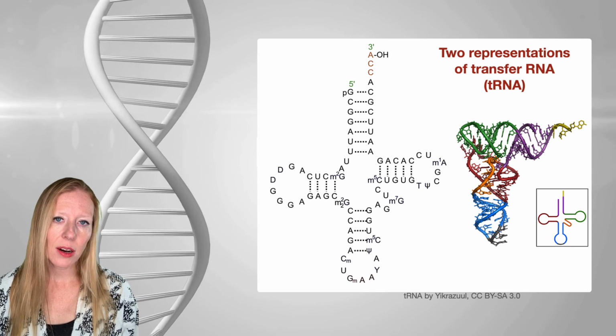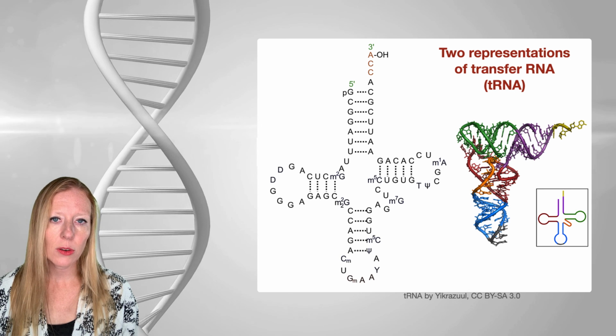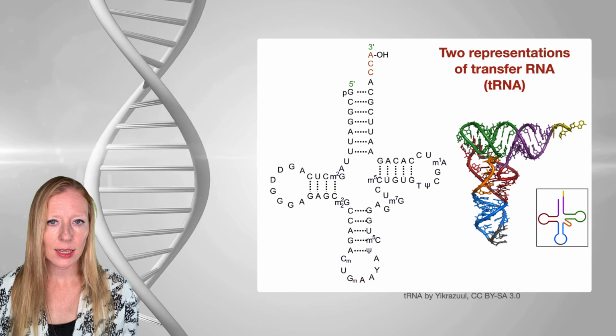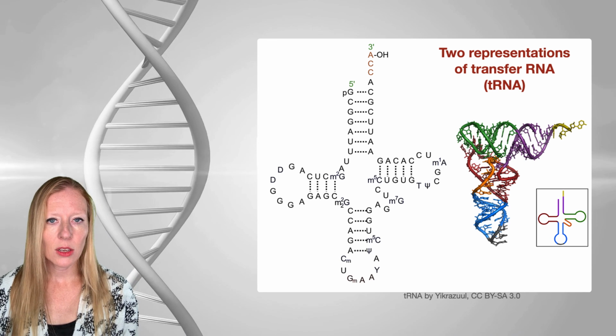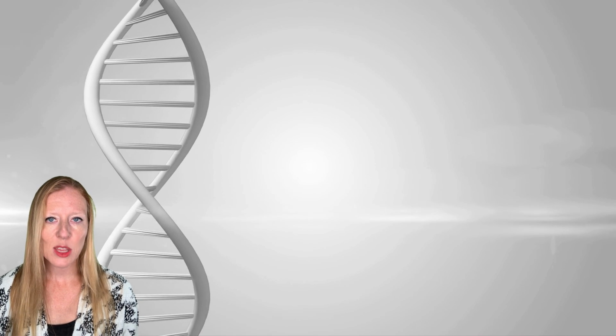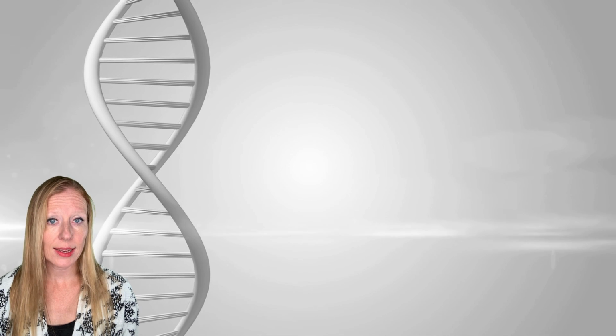For example, transfer RNA folds to make this interesting cloverleaf structure, which is based on hydrogen bonding between G, C, and hydrogen bonding between A and U. And then it twists into a tertiary structure. Okay, hopefully this video helped you understand the basics of nucleotide and nucleic acid structure.